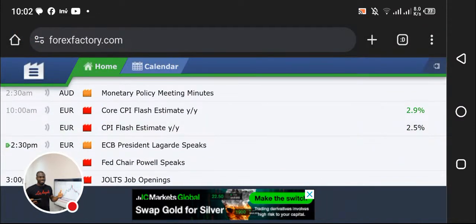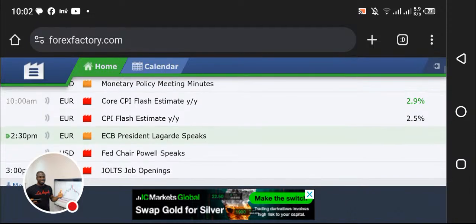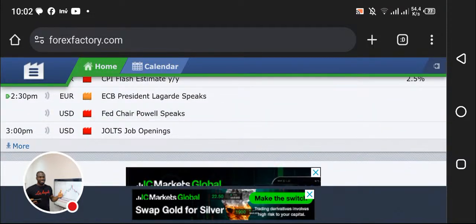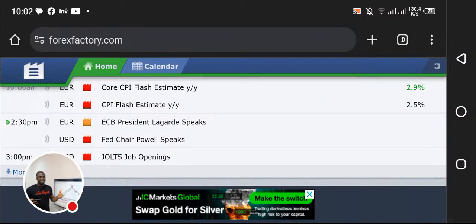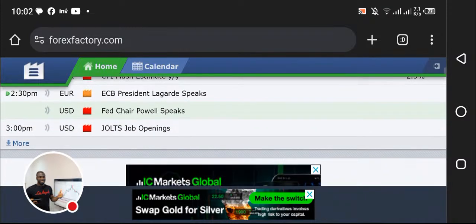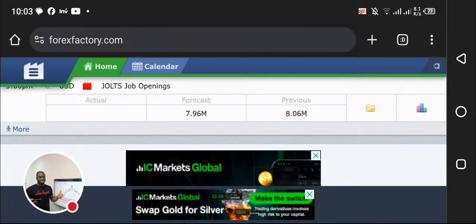So let's start with the calendar. Let's see what's on the calendar. Today is 2nd July, and we're expecting major news from the United States by 2:30 and by 3 p.m. Fed Chair Powell will speak by 2:30, and JOLTS job openings will be released by 3 p.m. The previous was 8.06, and the forecast is 7.96.